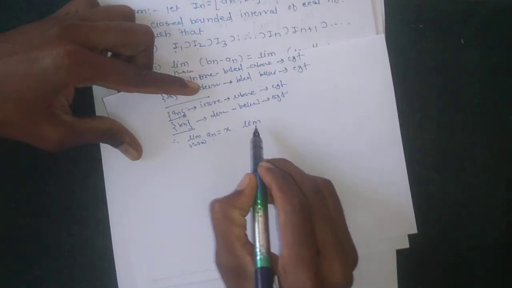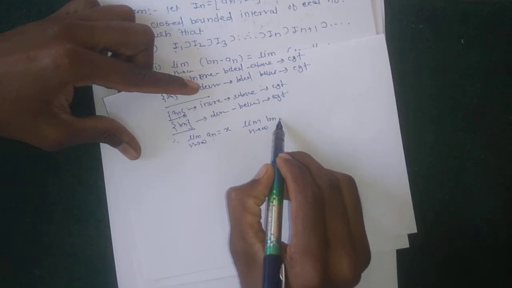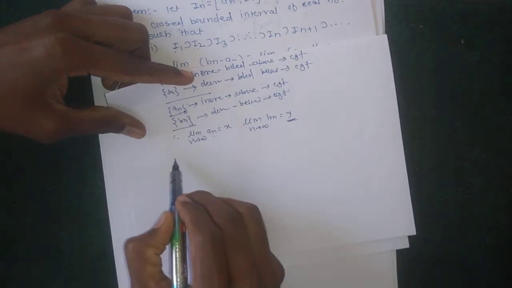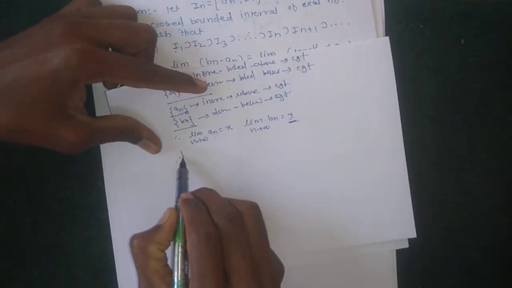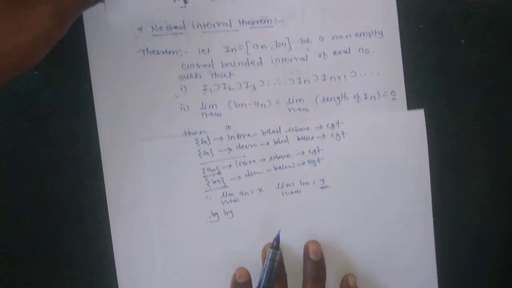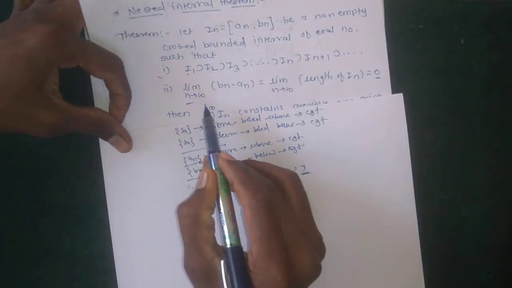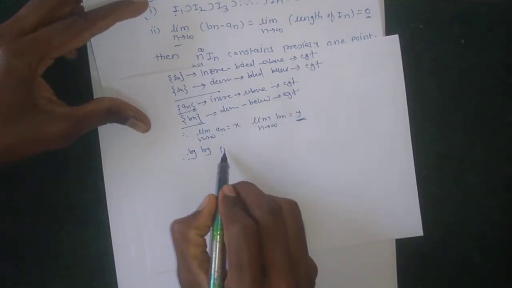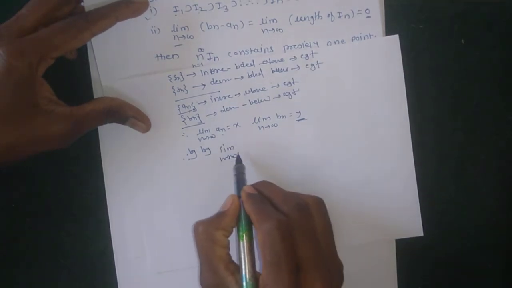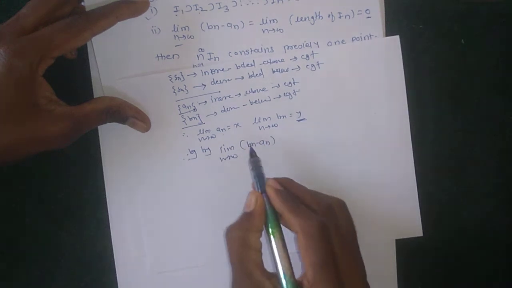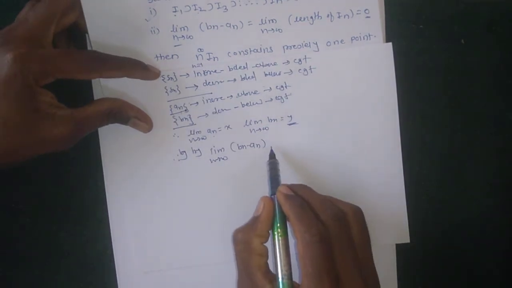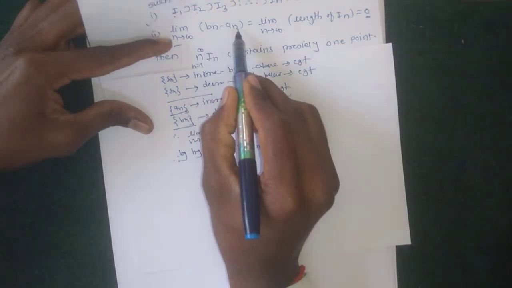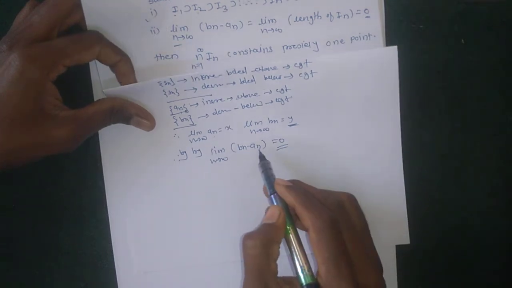And sequence bn has a limit, suppose y. By the second hypothesis of our theorem, the limit as n tends to infinity of bn minus an is equal to 0, given.